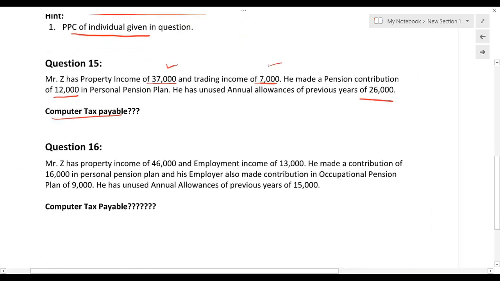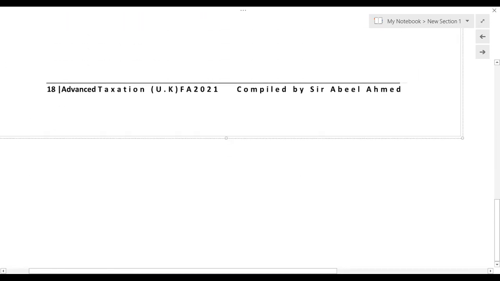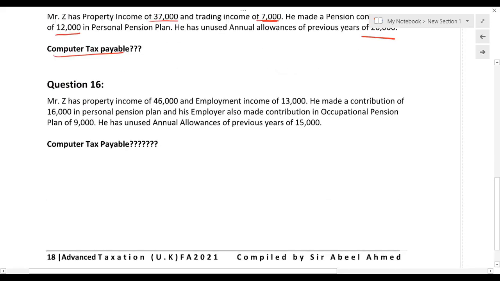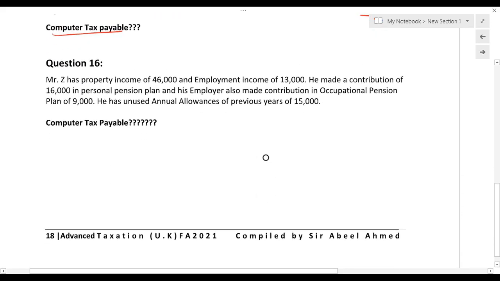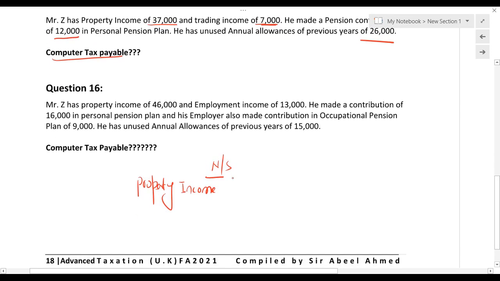Okay. Let's try here. Non-saving: property income 37,000, trading income 7,000.